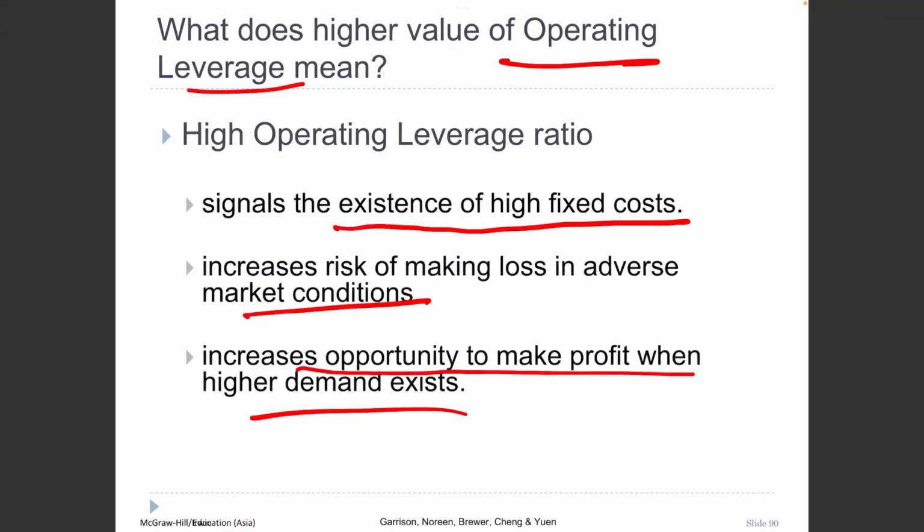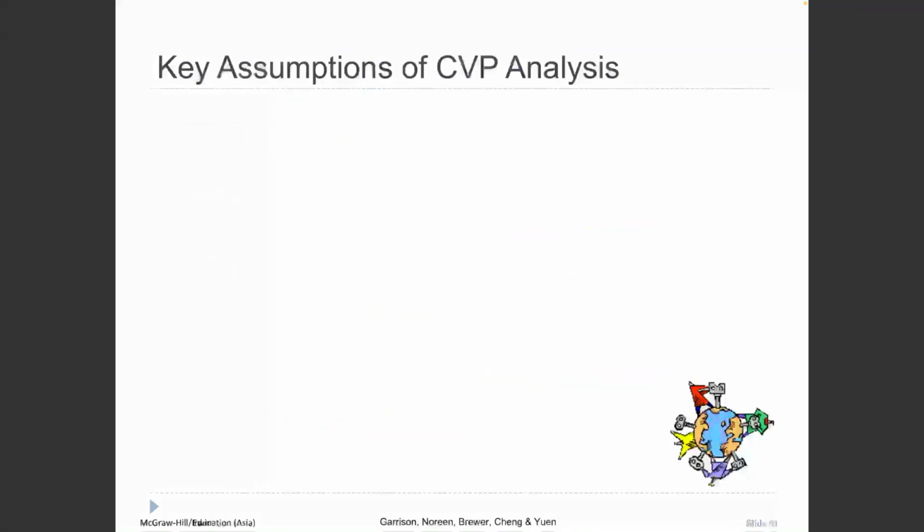If it is too high, your profit will be very sensitive to any changes in your sales. If your sales change significantly, your net operating income will also be affected significantly.